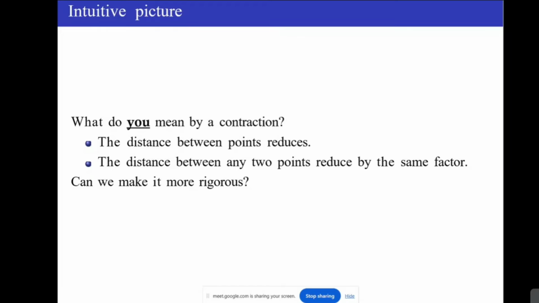So essentially, if we have X and Y in the set X, after contraction, the distance of X dash comma Y dash is less than some C times the distance of X comma Y, where C lies between 0 and 1.